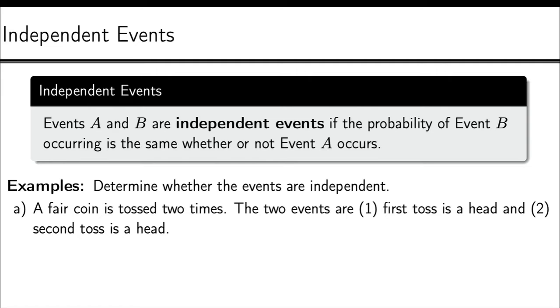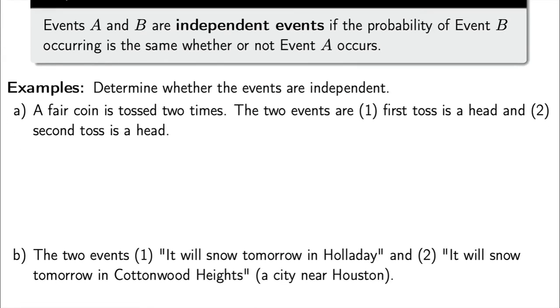Another relationship that can exist between events is what are called independent events. Independent events are when the probability of one event occurring is the same whether or not the other event has occurred. Let's look at this example and determine if these are independent. A fair coin is tossed 2 times. The 2 events are: 1, the first toss is a head, and 2, the second toss is a head.